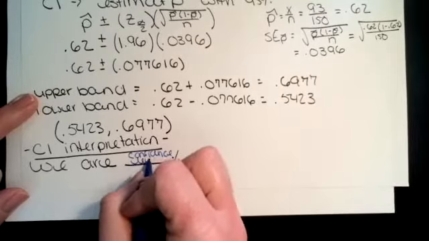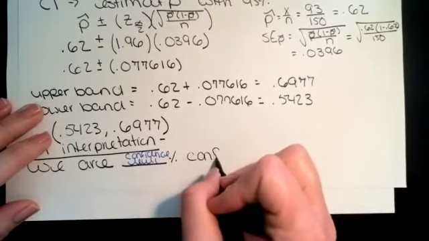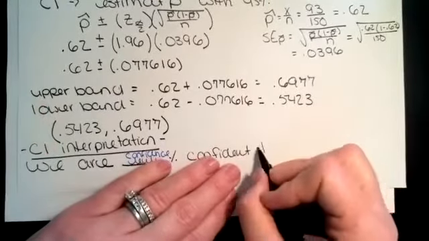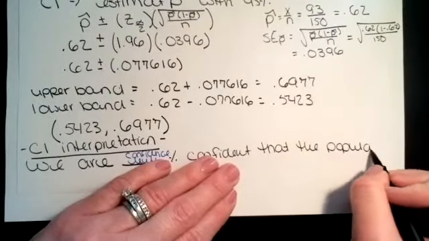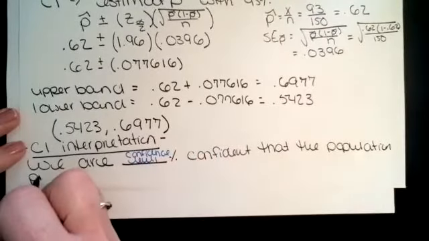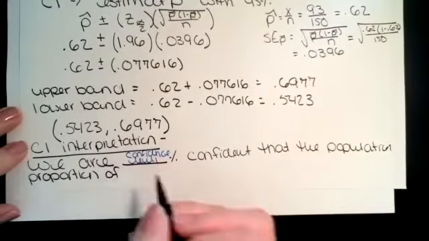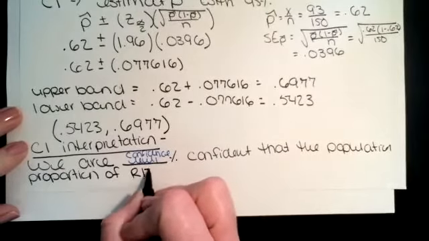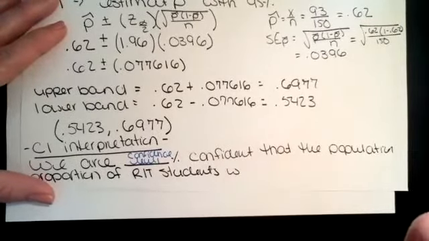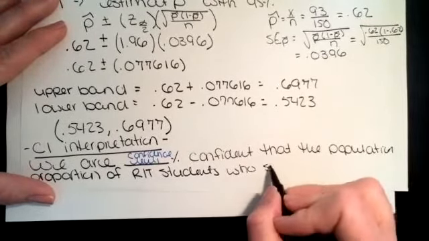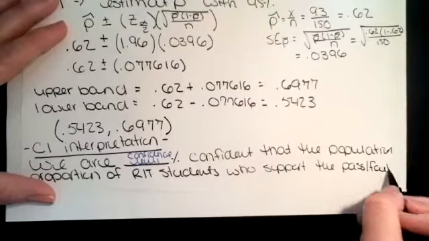And I'll write it out on another page. We are, whatever confidence level, confident that the population proportion, now you want to say of what? So it's the population proportion of, and then who are we studying? So that's the RIT students. And what is it that we're studying? Those people who support the pass-fail grade option.